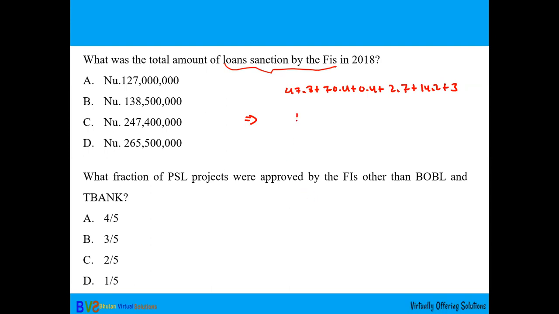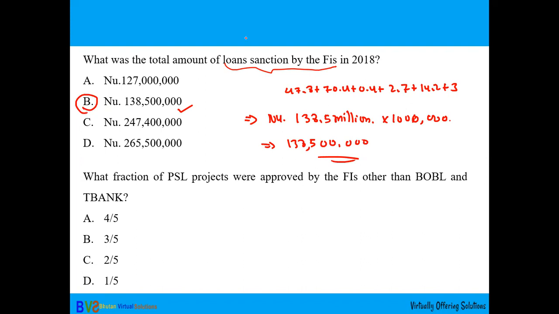All right. So when you add all this, you are getting 138.5 million. And the option is 138.5 million. Converting million to Nu, you multiply by 100,000 for 1 million, and you will get 138.50000. This is the answer. So your answer is B. All right, yes, the answer is B.